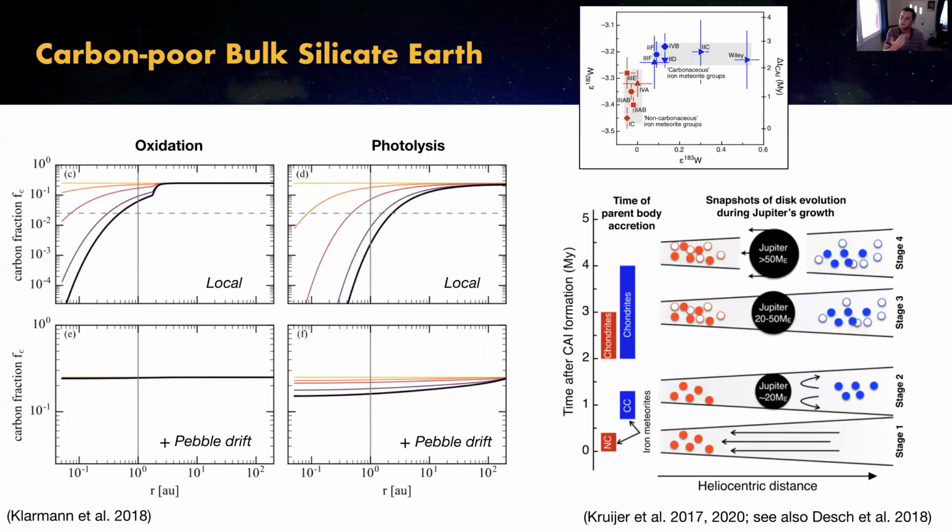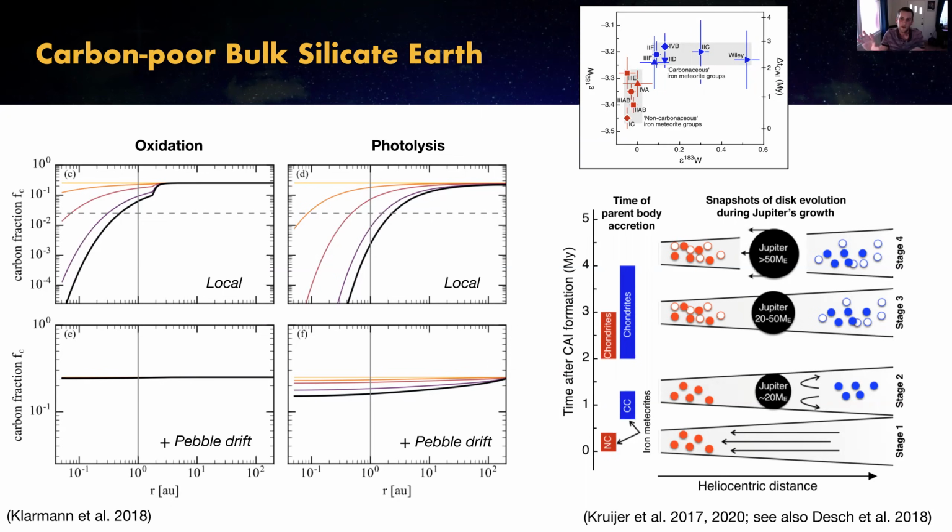And you can try to tie this then to this other story from Kuiper et al. and also Steve Tesch's work, that seem to find that you need Jupiter's core to form early, within or around 1 million years, to separate in space these reservoirs that will eventually end up forming the carbonaceous and non-carbonaceous meteorites.